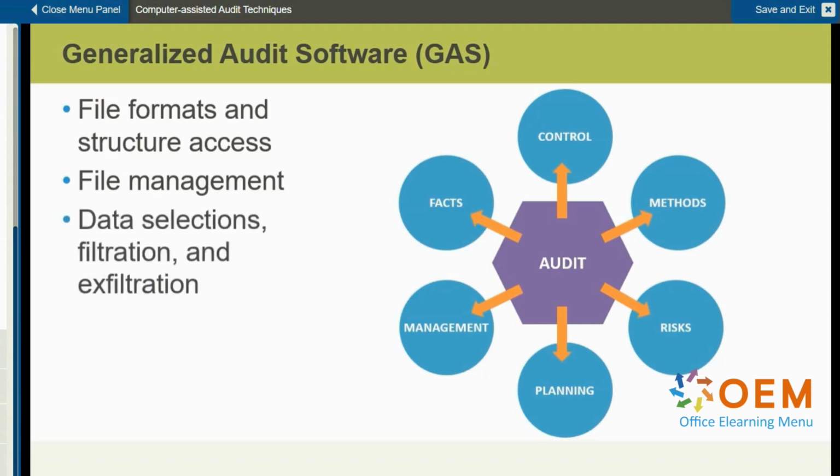It's effective for selecting data, for filtration and exfiltration, or extracting filtered information. It involves statistical tools that perform mathematical computations, statistical analysis, checking for sequence and duplicates, as well as recomputation. It involves elaborate arithmetic utilities.